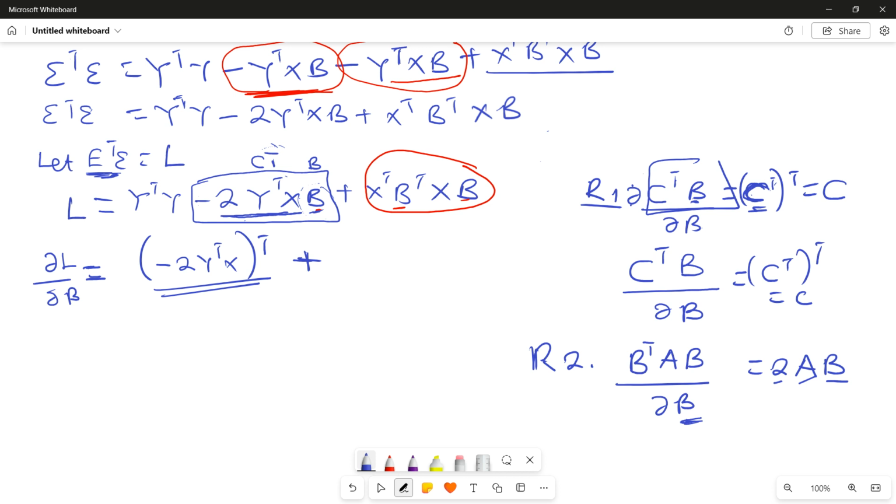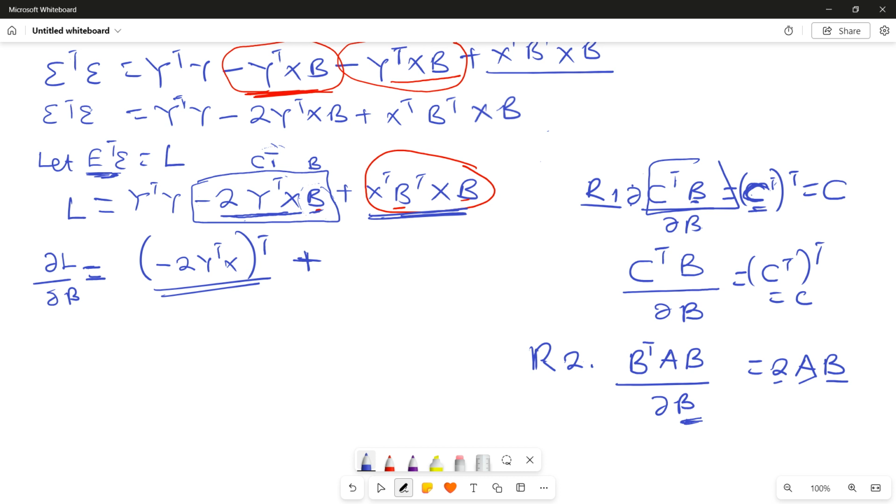Fine. Now with this part here, we're going to use the second rule of differentiation. Why are we using the second rule? Let's look at the order. The second rule tells us that if I've got b transpose ab, we want to differentiate this with respect to b.